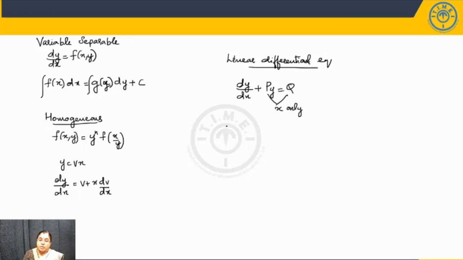In that case, first we find the integrating factor, which is written as IF equal to e raised to integral p dx, and the solution is given by y into e raised to integral p dx equal to integral of q into e raised to integral p dx. Now integrating this will give the required answer.